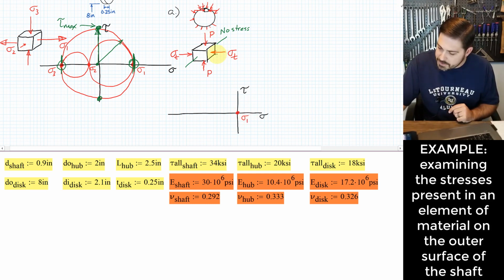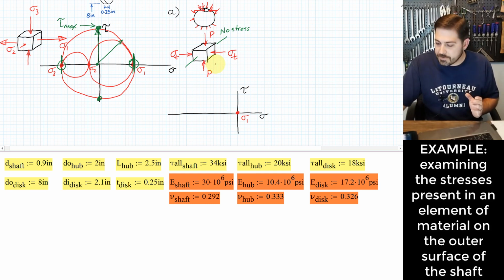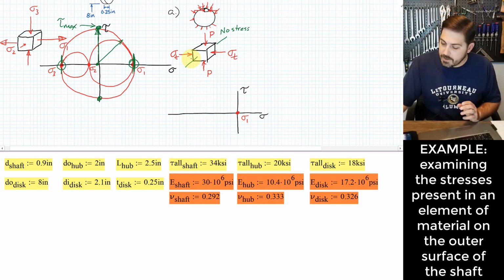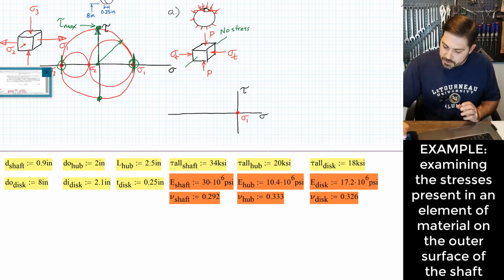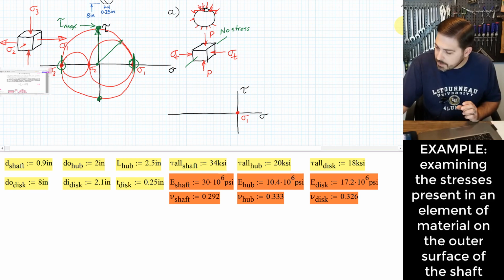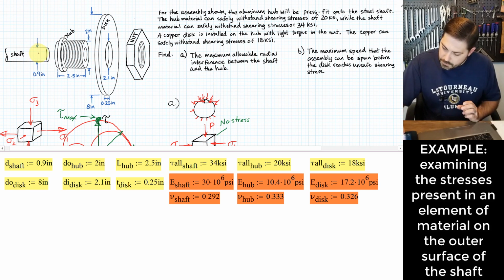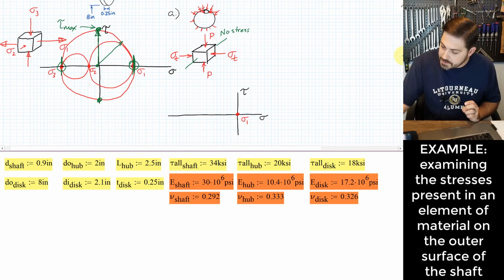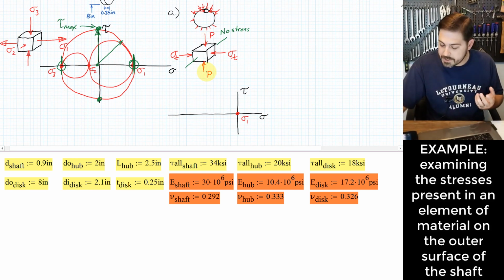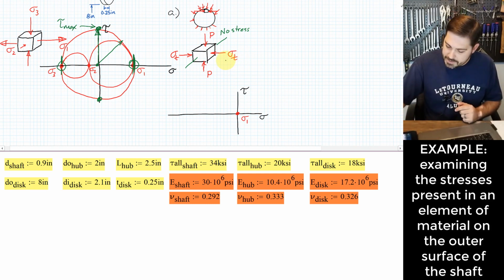I also have these other two compressive components of stress. And at this point, I haven't done enough analysis to figure out which one of them is going to be larger, right? So let's take a second and look at this equation and see, for this little shaft, which is a solid shaft, how does the interface pressure, at least in conceptual terms, relate with the tangential component of stress?